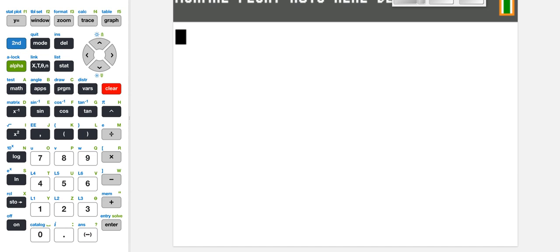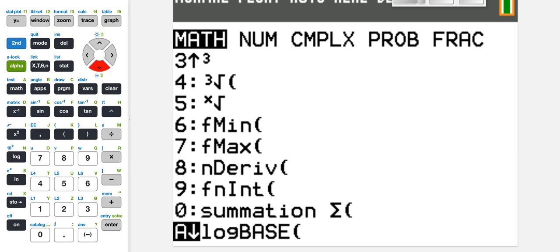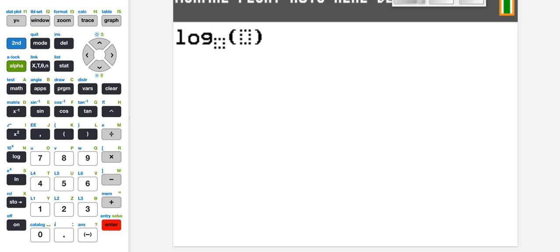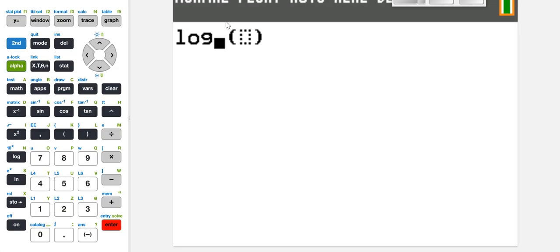So you go to math, go down to this one here, log base, 1 up, enter. Then you can do this. What did we have? Log base 2, 2 raised to the power of 3. So log base 2, 2 to the power of 3.